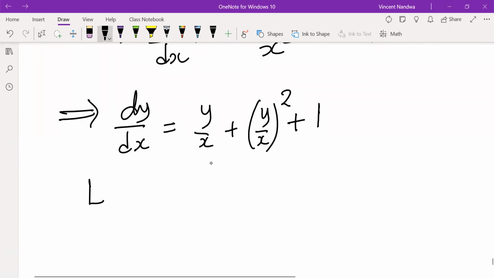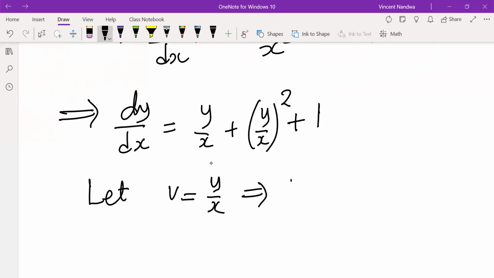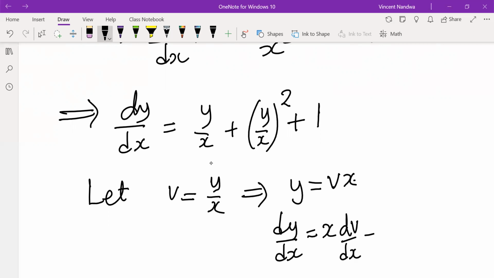So then with this, we can now fix, let v be given by y over x, from which y is vx and dy/dx. Now using the product rule on this product of v and x functions, we'll get x dv/dx plus v.